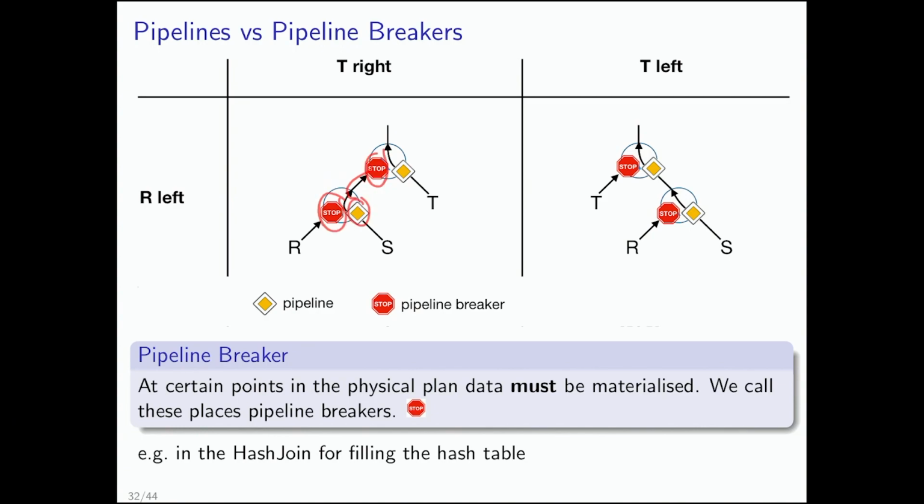There's no need to first assemble all of the join results, or first get all of the tuples from S into the operator, and only then start probing the hash table you built on R and create join results. That's not necessary. You can directly ask S, hey, give me the next tuple. Then that tuple will be probed against the hash table.